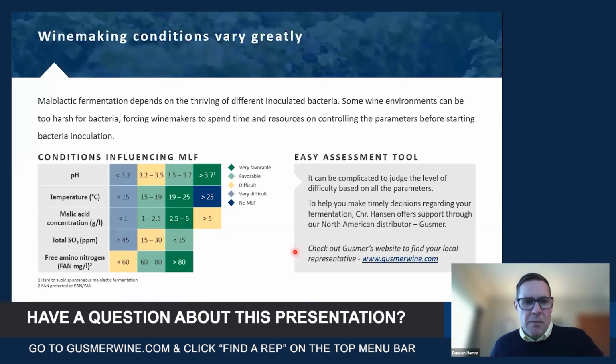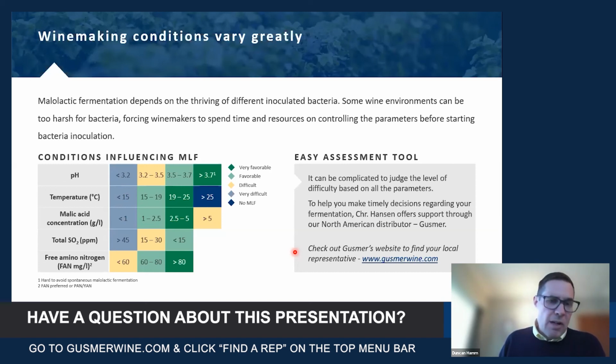So this is my second to last slide, and it's just to reiterate what we've already talked about. Wine is a harsh environment for any microbe, but Oenococcus is a pretty hardy organism and can survive it. Nevertheless, we do see times where it gets too harsh.